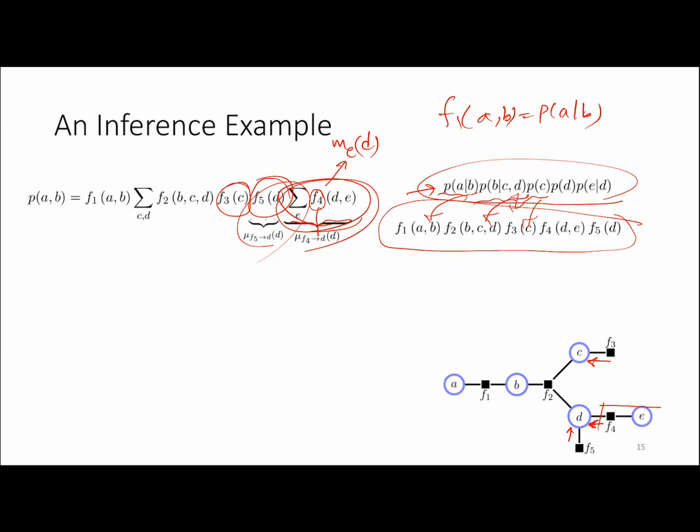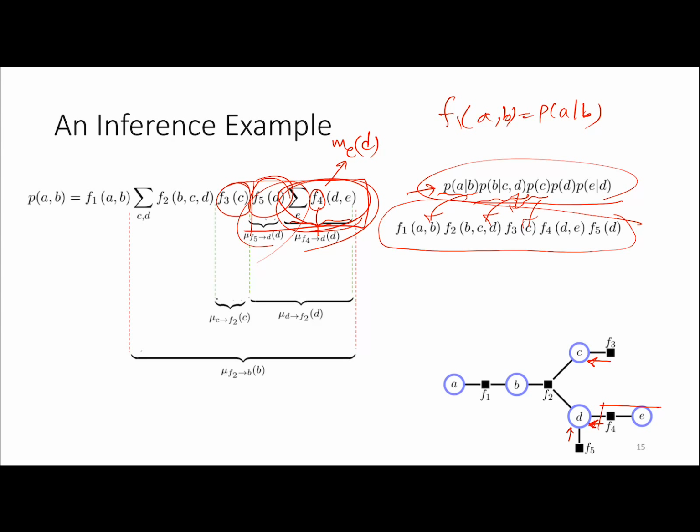Okay, what about this term? I've already written that. So we basically view this as a set of messages that either go from factors to the nodes or from nodes to the factors.